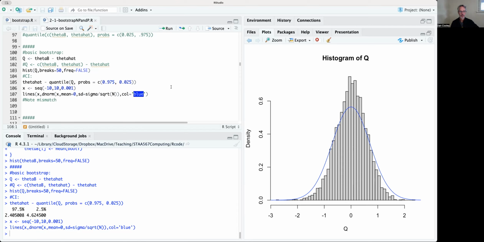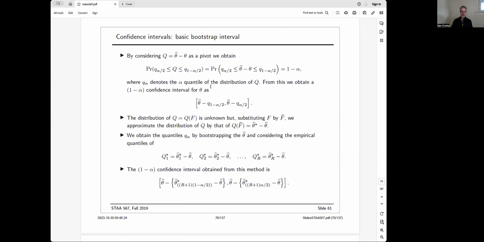Okay, so just jumping back now to the notes. We did exactly this. Our Q in the code took our bootstrap sample means and subtracted off the mean from our original sample, that 3.5.